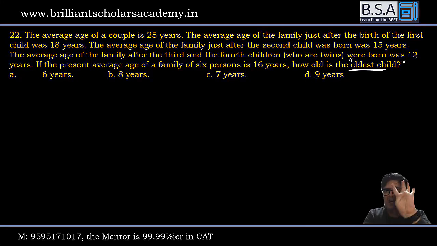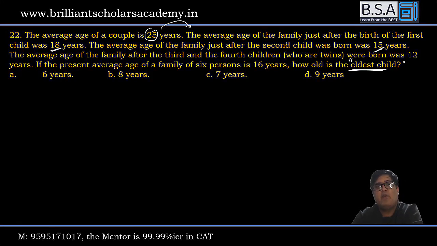कितने बच्चे हैं? 4. Couple का average age is 25 years. Abhi how many years के बाद was the first child born? We do not know. But when the first child was born, the average was 18 years. Second child was born. We do not know when, but at that moment, the average was 15 years.